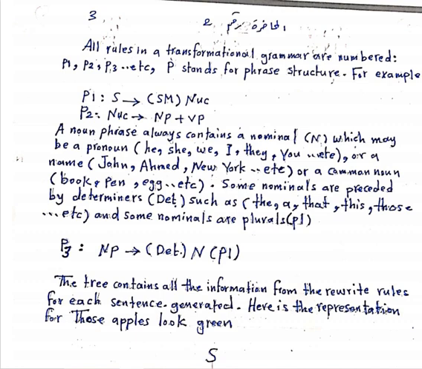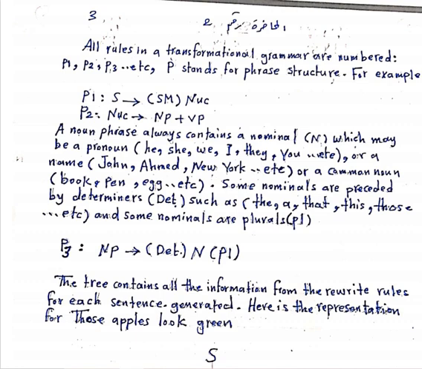The nominal in the sentence may be a pronoun: he, she, we, I, they, you, etc., as we have the pronouns in the English language, or a name: John, Ahmed, New York, etc., or a common noun like book, pen, egg, etc.